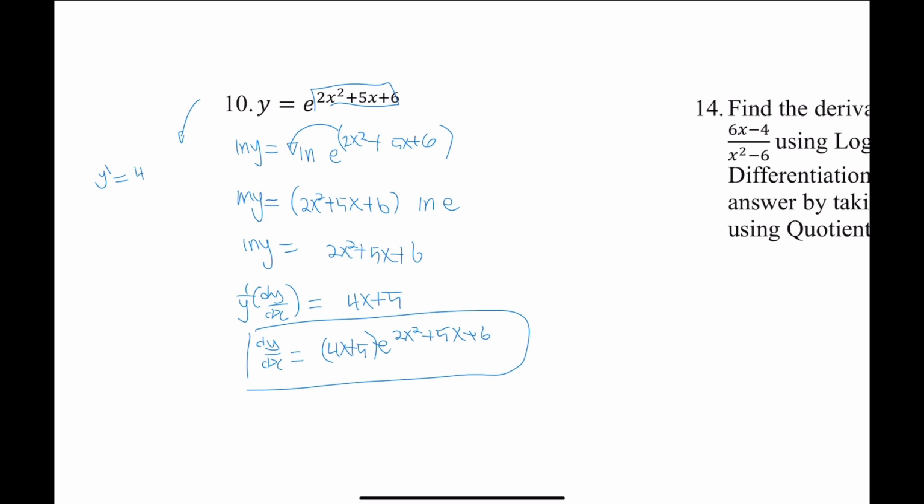That means 4x plus 5 comes out to the front, and e to the 2x squared plus 5x plus 6 just stays there. So this will be our answer, which is the same as this, right? So this example is just to show you that either way works, and logarithmic differentiation is also an accurate way for you to find your answer to differentiations, as long as you use it properly.